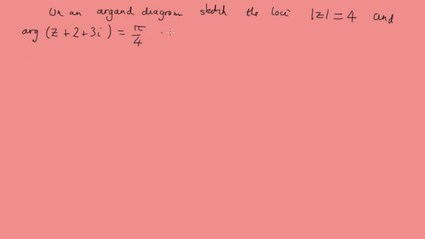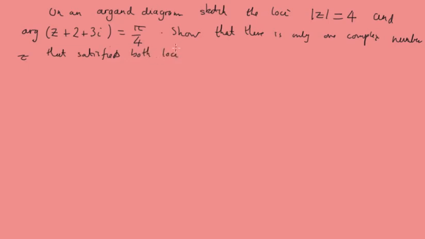I want to show that there is only one complex number z that satisfies both loci. And then label this point as P.